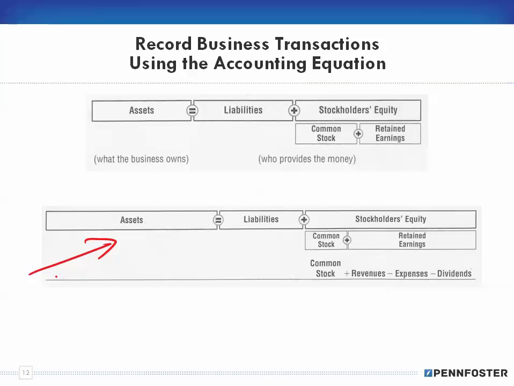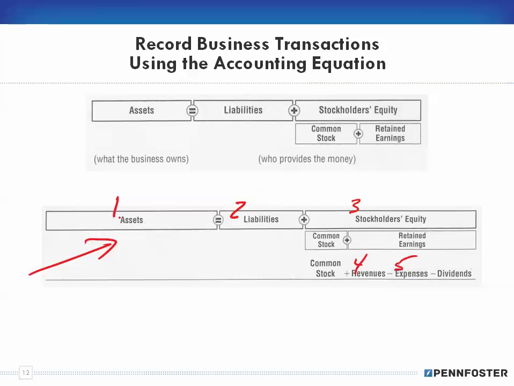So remember, what you're looking at here is what you just saw right here. Now, before I go any further, I had said that assets is 1, liabilities is 2, equity is 3, revenues are 4, and expenses are 5. They're categories of accounts, right? But they're not the general ledger accounts themselves.